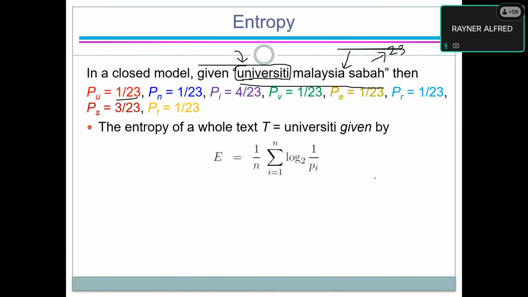Basically, the N here refers to how many symbols we have. In this case, we have 1, 2, 3, 4, 5, 6, 7, 8, and M, so that is 10. We have 10 symbols here.